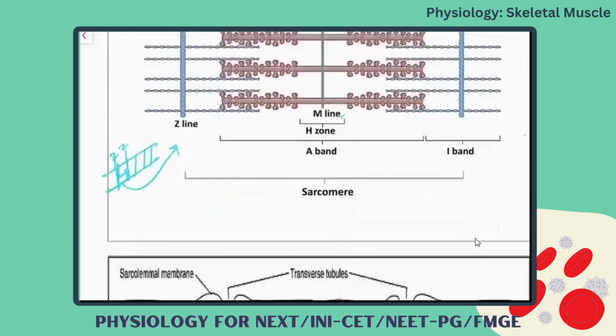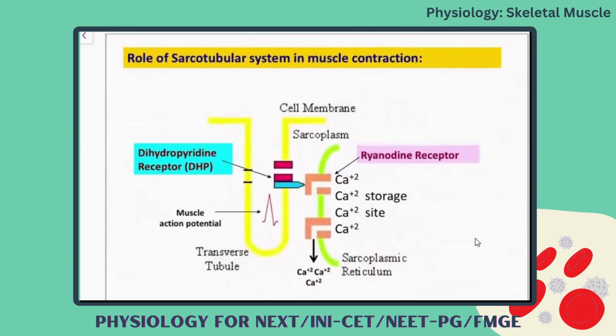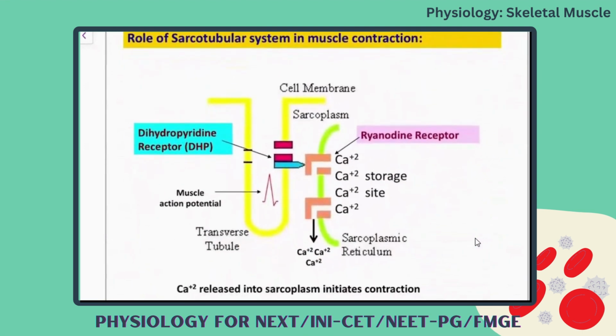Okay. And now we will see the sarcotubular system in muscle contraction. See, these are the T tubules. These are the T tubules, invaginations in the sarcomere. And this is where you have the L tubule, where the calcium store is present. Okay. In the presence of a stimulus, you have to consider two important receptors.